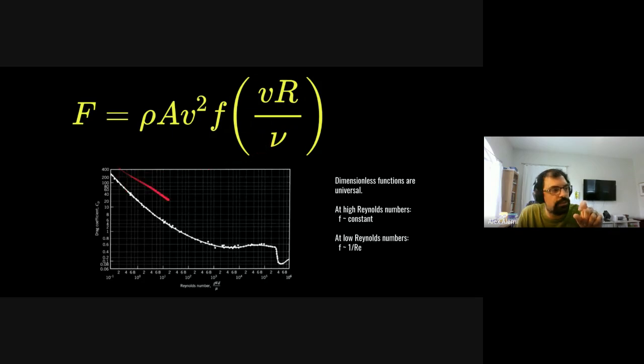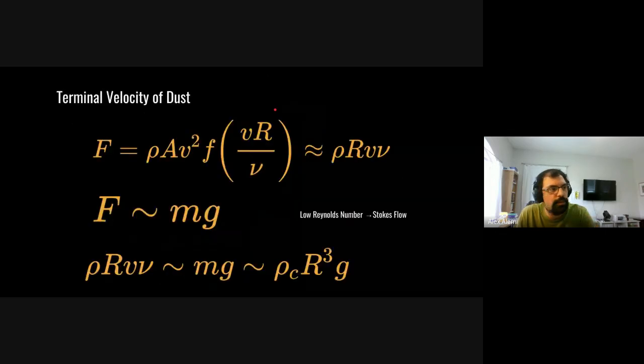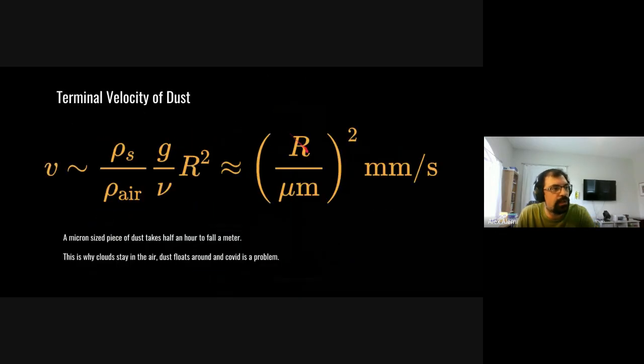This dimensionless function is all that governs the physics, and so these things scale together. That, I think, is interesting if you hadn't been exposed to it before. You can plug in some numbers for air and discover that if you have a micron-sized object, its terminal velocity is millimeters per second.